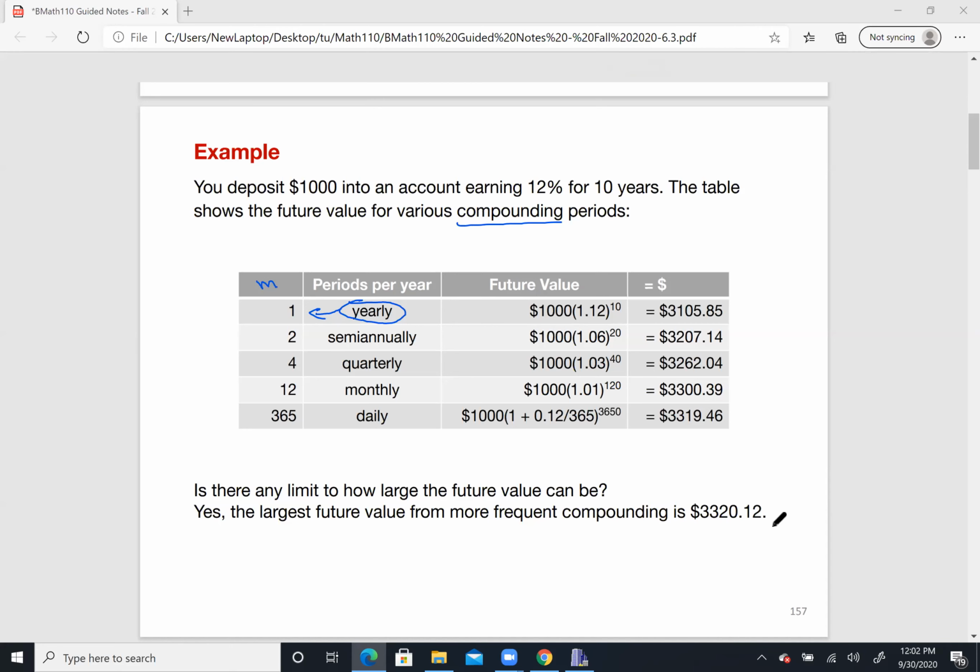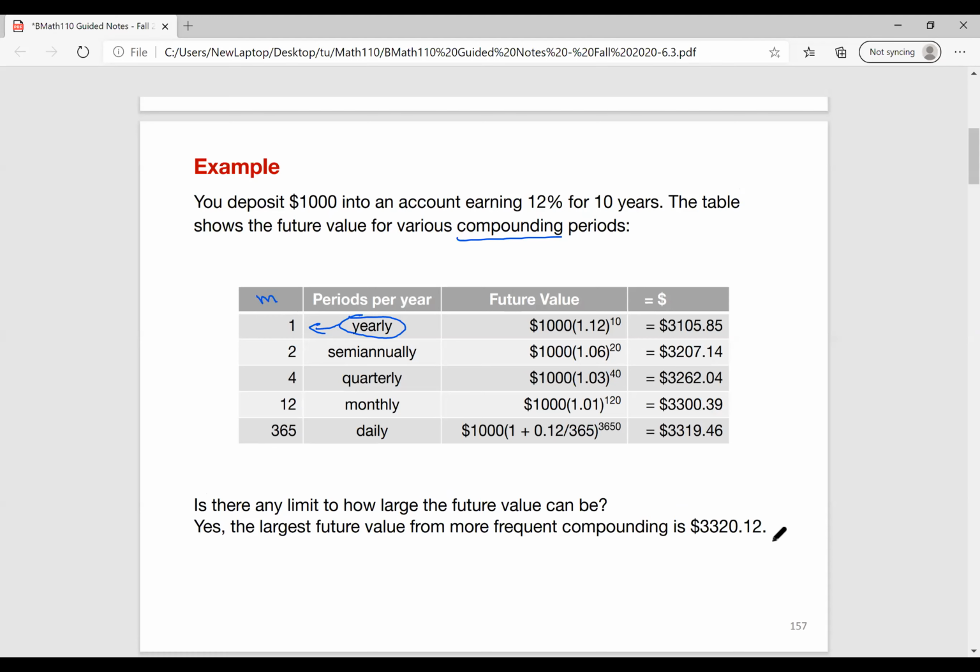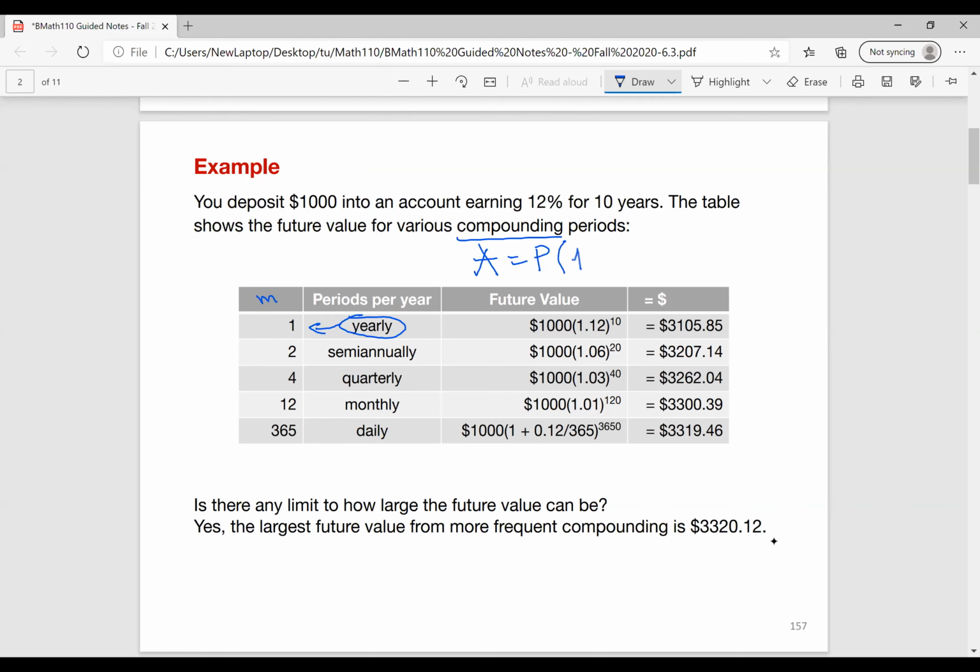So the first option, using the formula of compound interest, A equals P times (1 plus r over m) to the power of m times t, right?